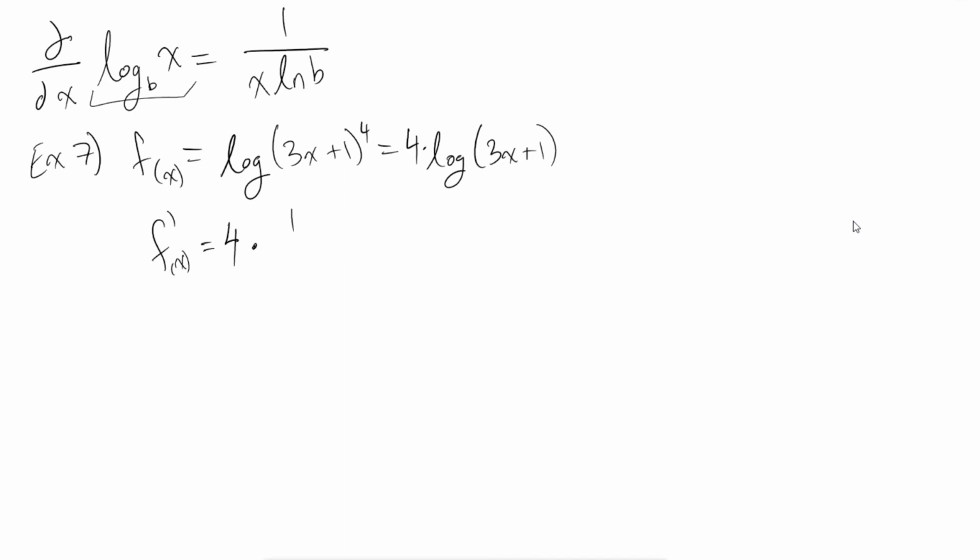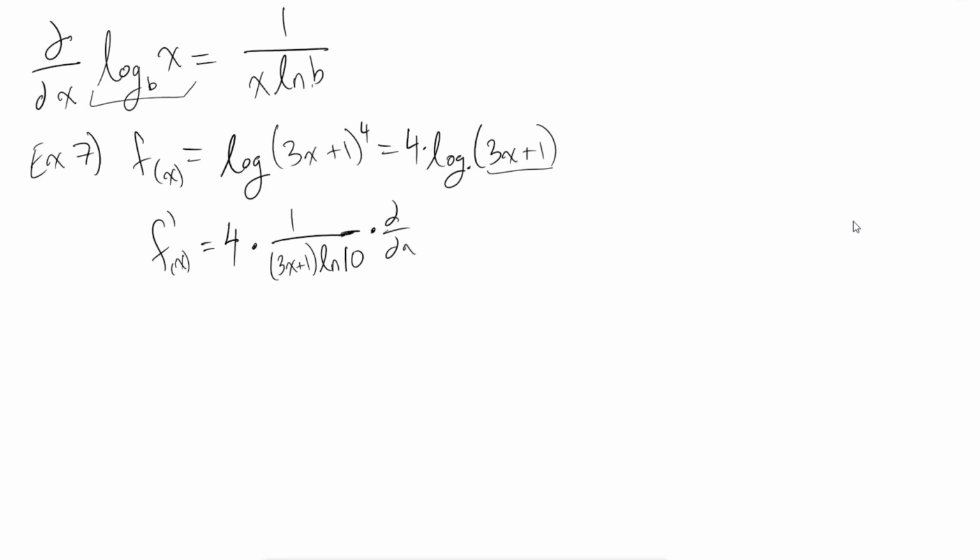So 1 over my x, so that's this part here, 3x plus 1, times the natural log of the base. So the base, since it doesn't say anything, is base 10. That's our first step. However, once again, in our x, we do have more than just x, so we have to take the derivative of that too.